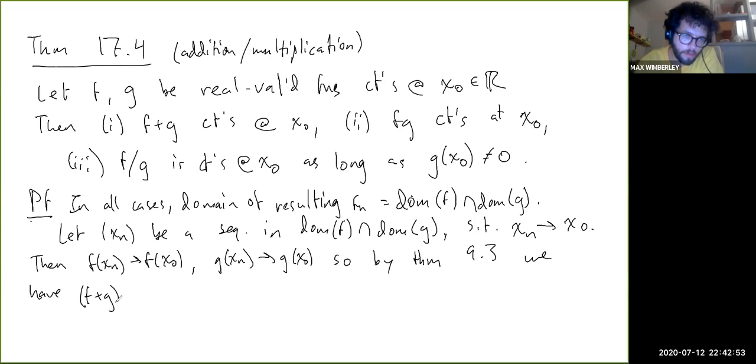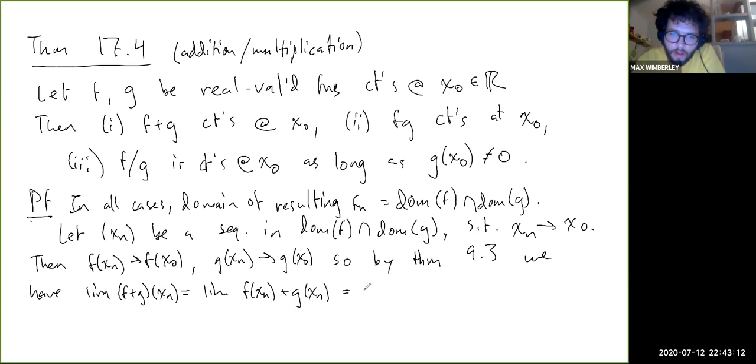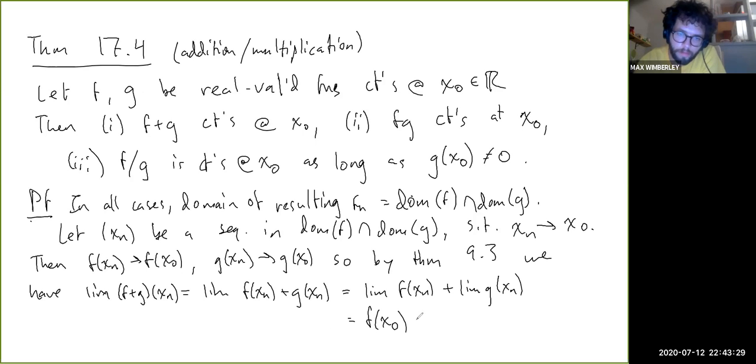f plus g. Let's see, I'll say it this way. The limit of f plus g of xn equals the limit of f of xn plus g of xn, which is the limit of f of xn plus the limit of g of xn, which is f of x naught plus g of x naught.